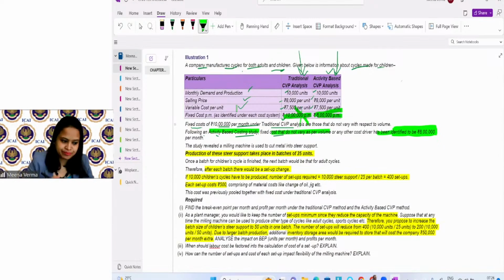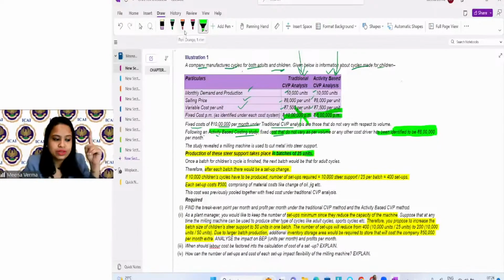The study revealed a milling machine is used to cut metal into steel supports. Production of these steel supports takes place in batches of 25 units. Now here what is happening?